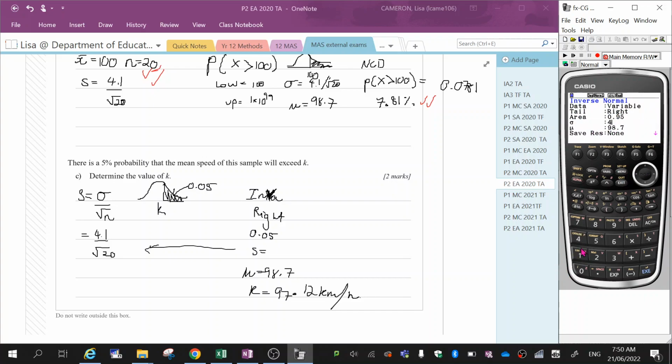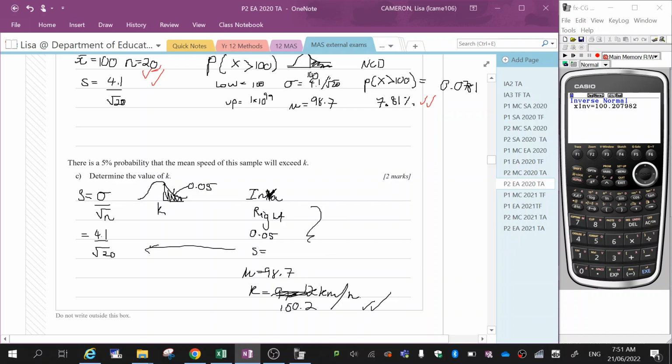Let's double check that mean. 4.1 divided by the square root of 20. Execute. Our area should be 0.05. Execute. Okay, so that should be 100.2 kilometres per hour. That's looking a lot better. 1 mark would be awarded for that part, and 1 mark would probably be awarded for entering this into the calculator correctly.